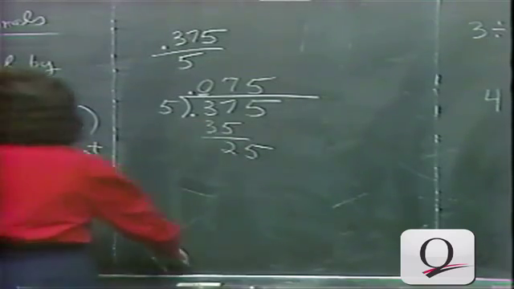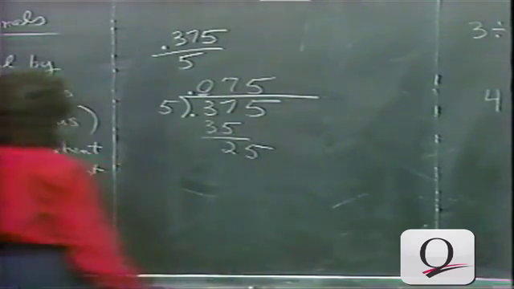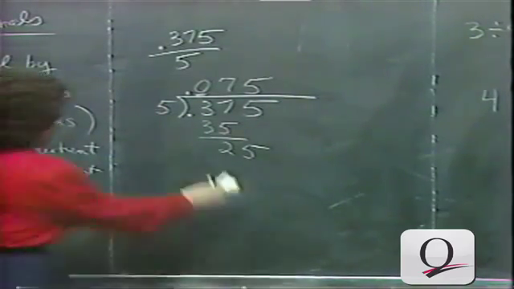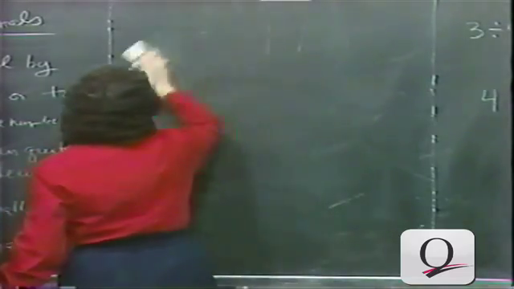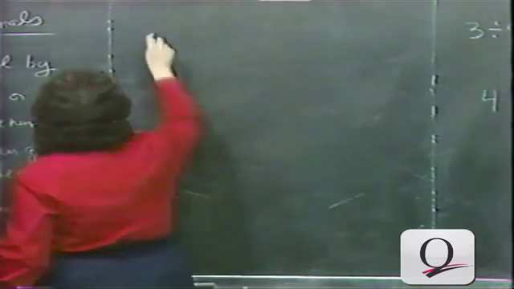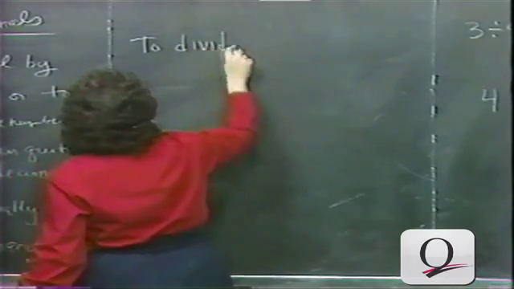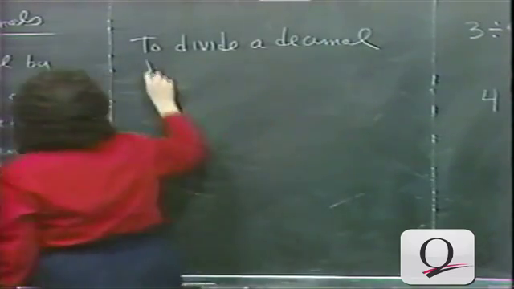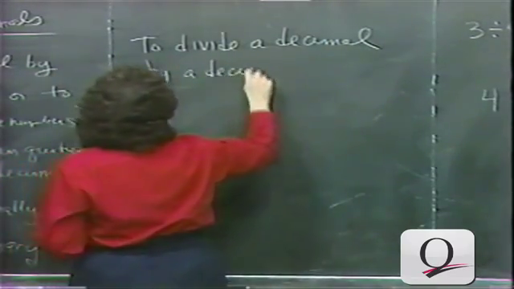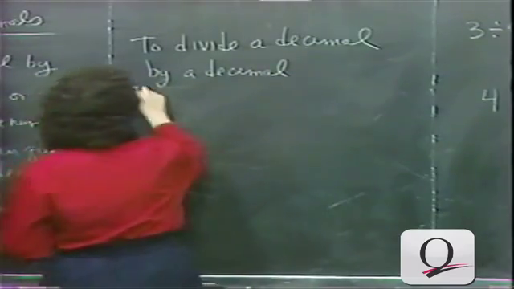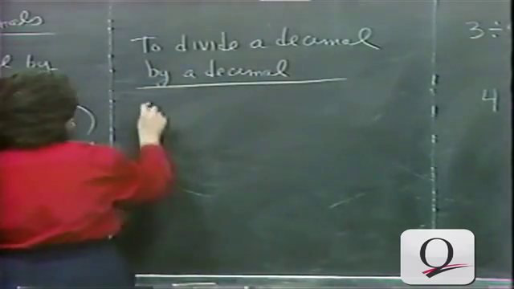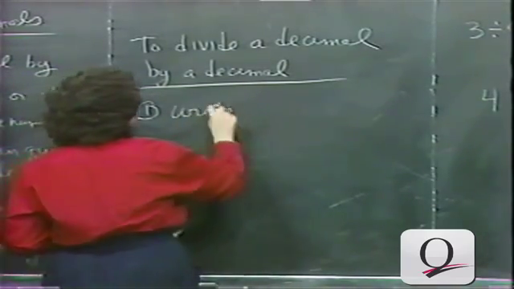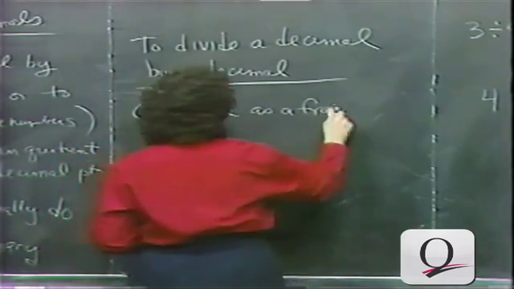Now, we've mastered dividing a decimal by a whole number or dividing two whole numbers. Suppose we want to divide a decimal by a decimal. Okay? Let's write down the rule. To divide a decimal by a decimal, first of all, write the problem as a fraction.